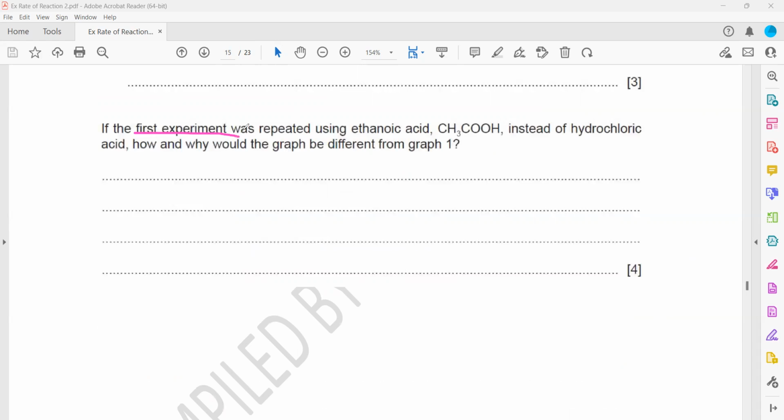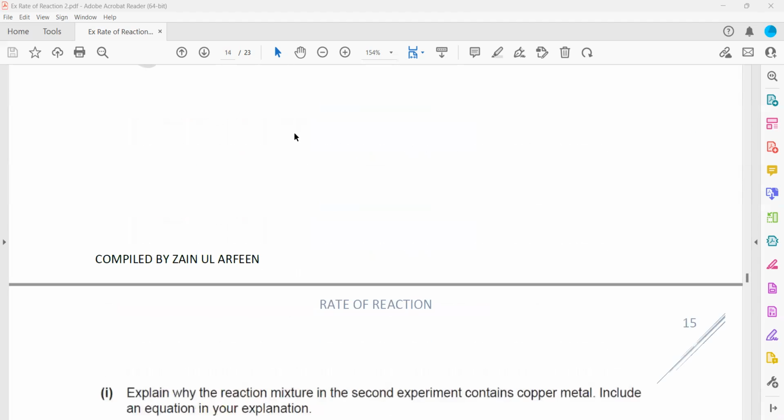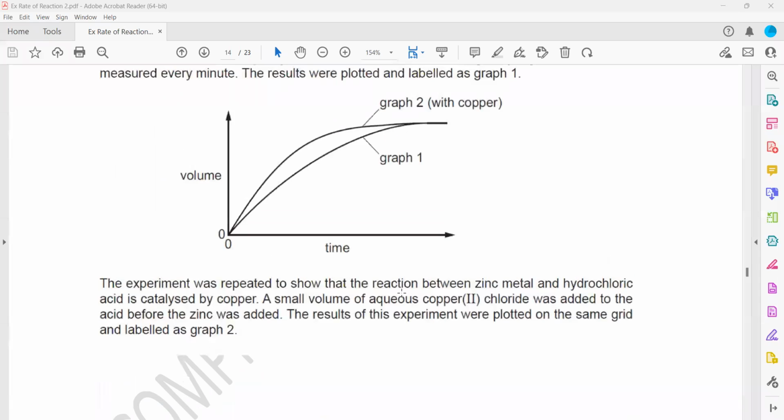If the first experiment was repeated using ethanoic acid, a weak acid, instead of hydrochloric acid, how and why would the graph differ from graph 1? So if we compare, if it's a weak acid, how will these graphs be different?